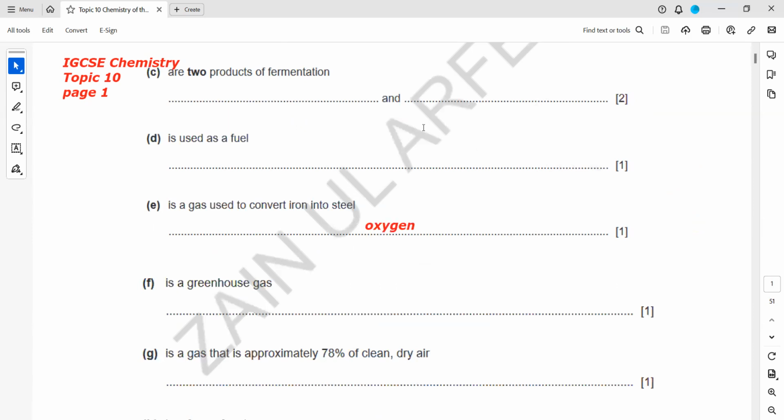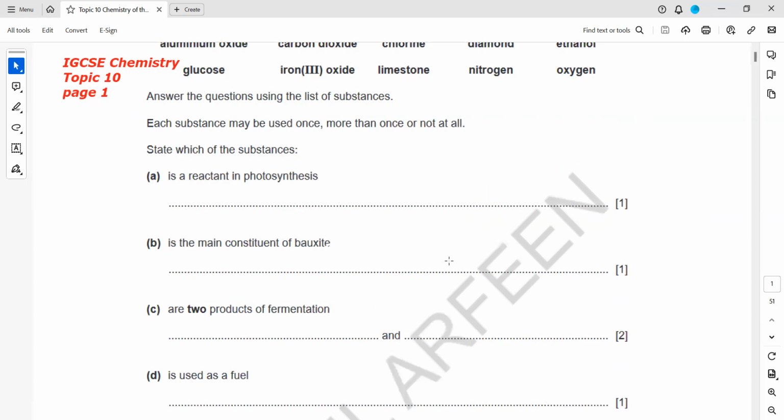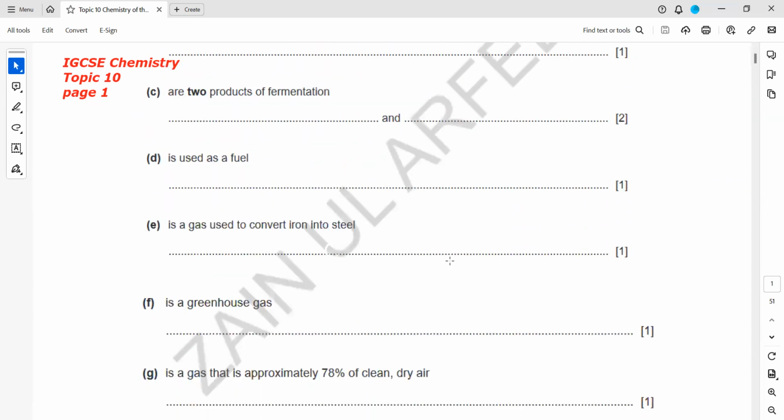The greenhouse gas, which of them is a greenhouse gas? Carbon dioxide. So the gas is CO2, or carbon dioxide. But in the exam, you are supposed to write the names. So don't write the formulas, write their names.